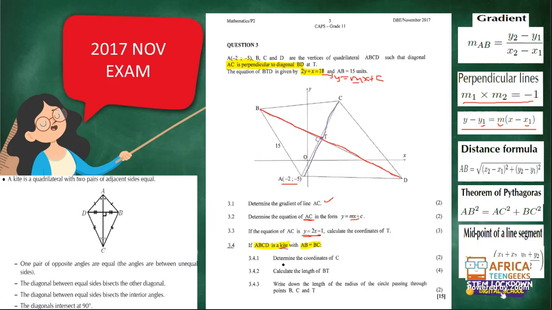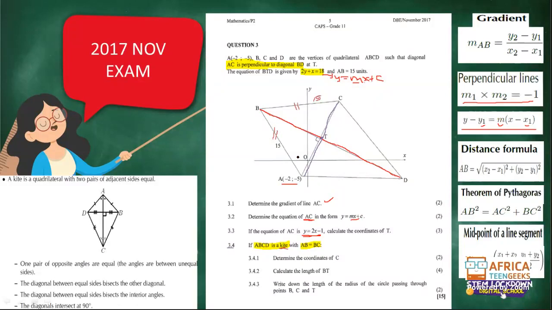So in that case, if our AB equals our BC, it means the length from B to C is 15. So this is 15, this is 15.